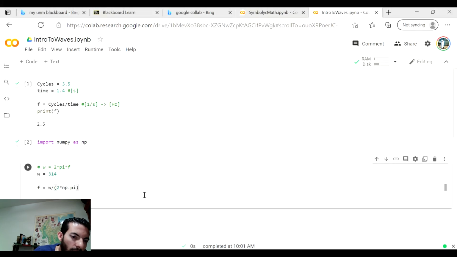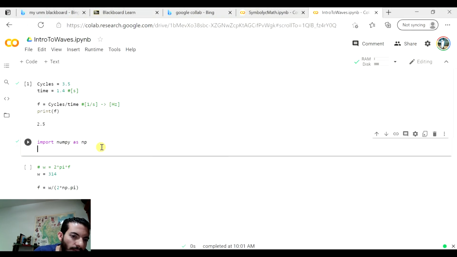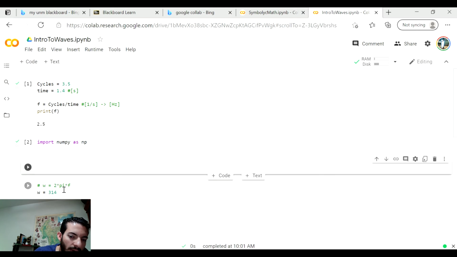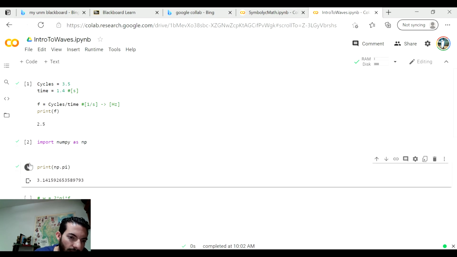Correct. Let me show you something else. Print np.pi. I get a bunch of decimals for more accuracy. If I do numpy.pi, it's the same thing.